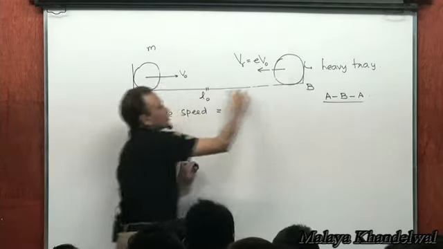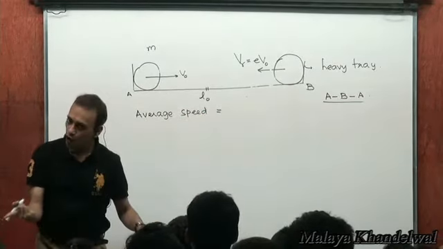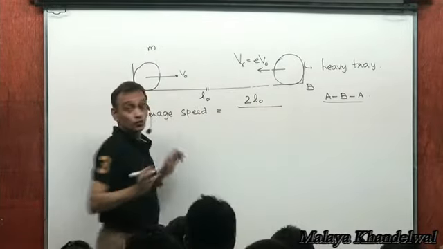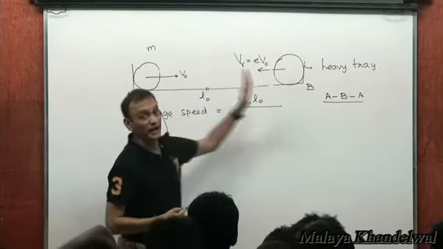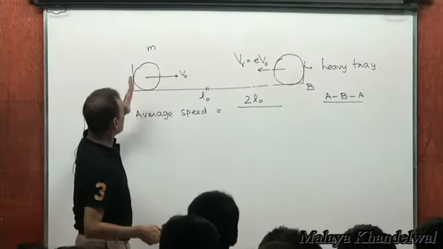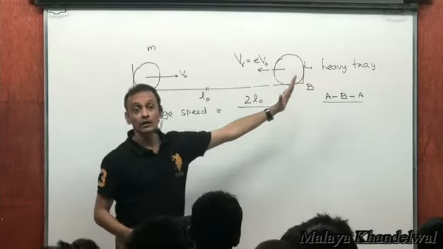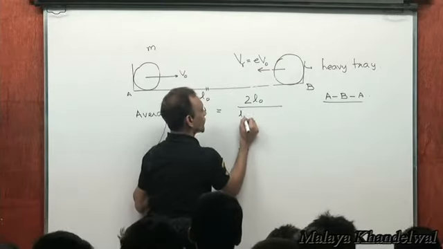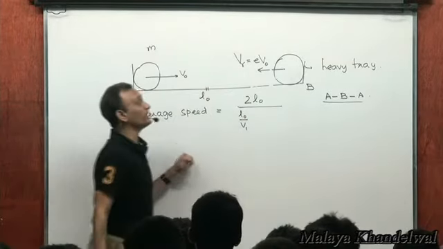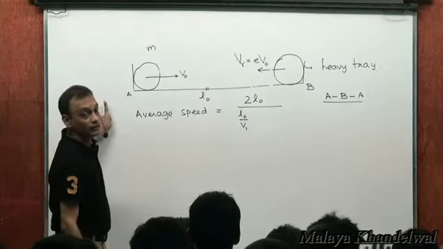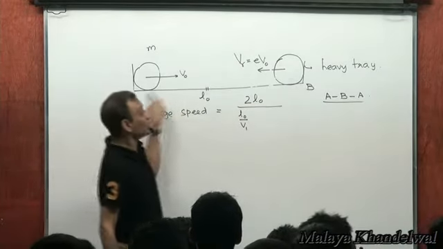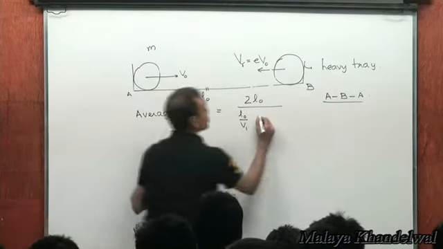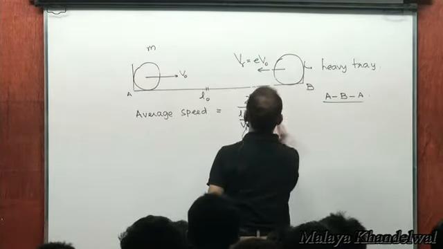In a round trip, what's the total distance traveled? 2L0, divided by total time taken to go from A to B and then from B to A. The time taken to go from A to B is L0 by v0, and from B to A it returns with a velocity E v0, so the time taken to return is L0 by E v0.